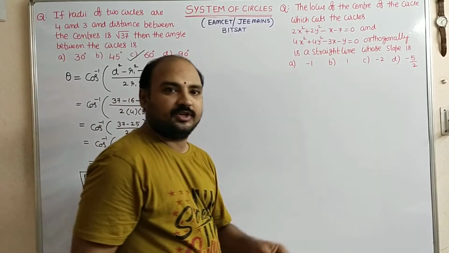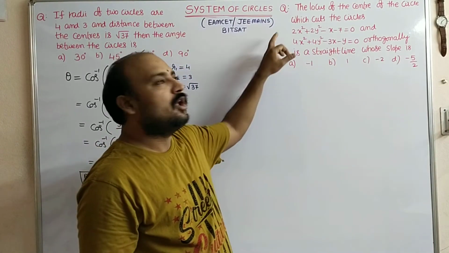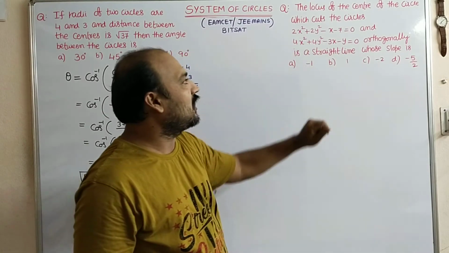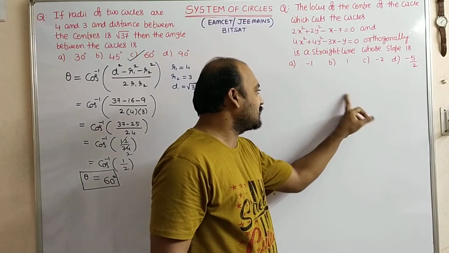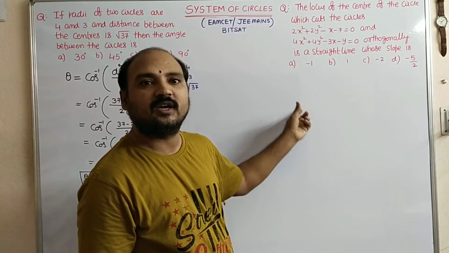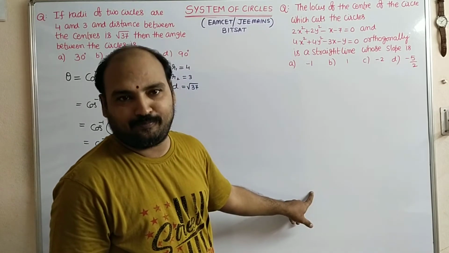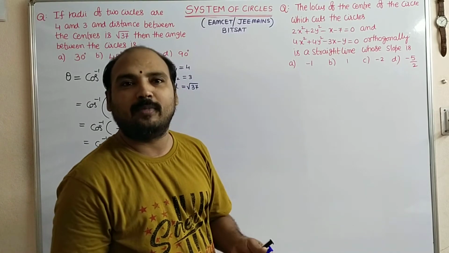What is the next question here? The locus of the center of the circle which cuts the circle orthogonally, these two circles are there, is a straight line. Whenever two circles cut each other, the common chord will come. That common chord itself is the radical axis, you remember.